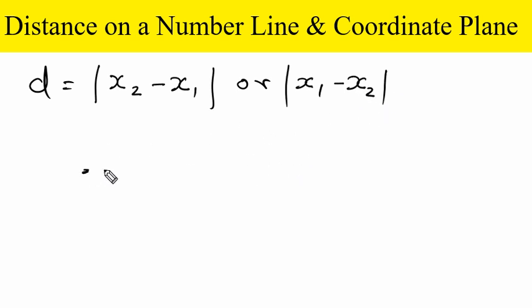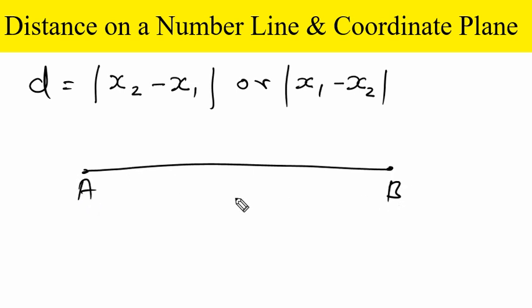So let's take a number line. Let's say you want to find the distance between point A and B, and let's say the coordinate for this point is -5 and this is +3. So how will you find the distance?